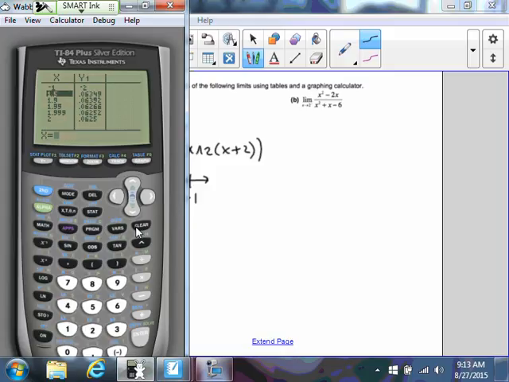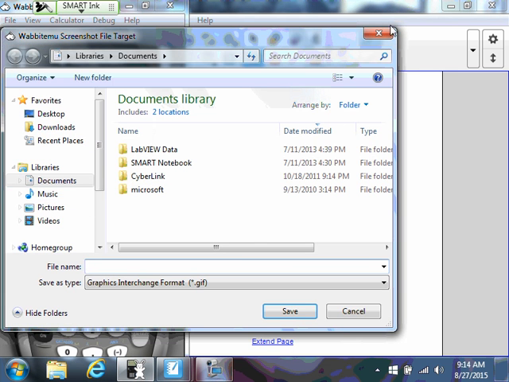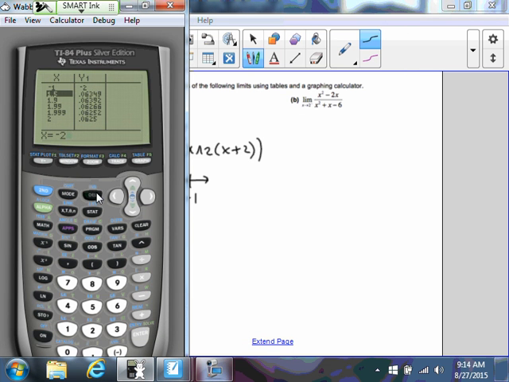I always try to hit delete on the calculator instead of clear. All right, -1.5. Enter. I forgot my negative again.